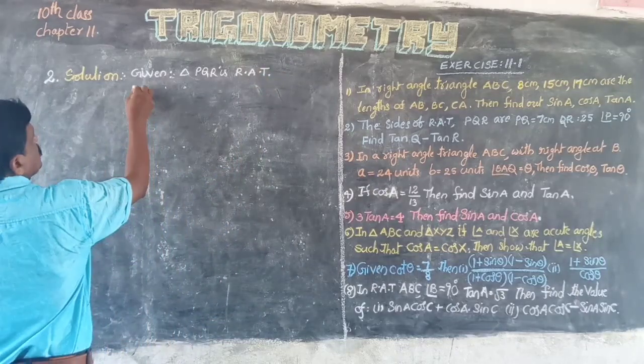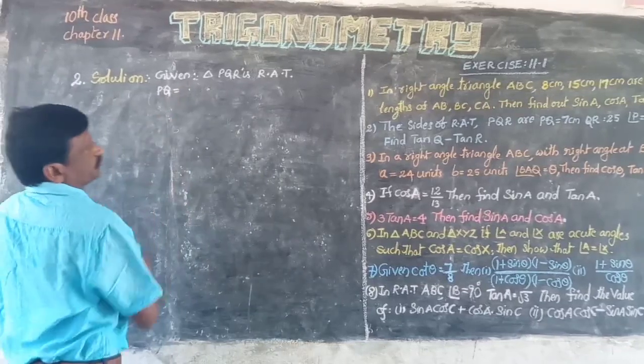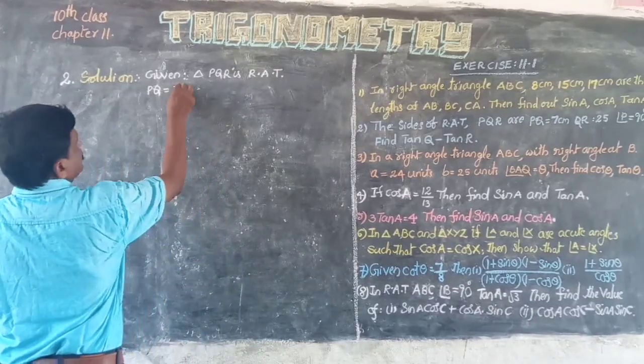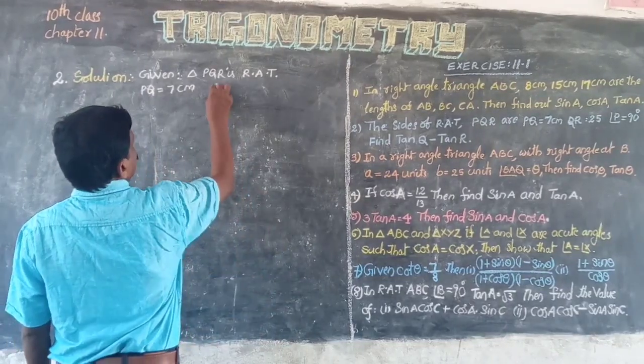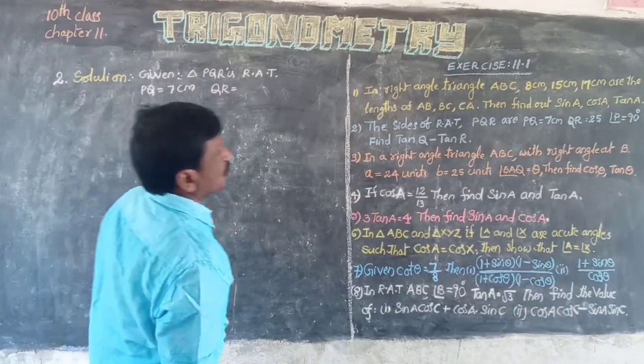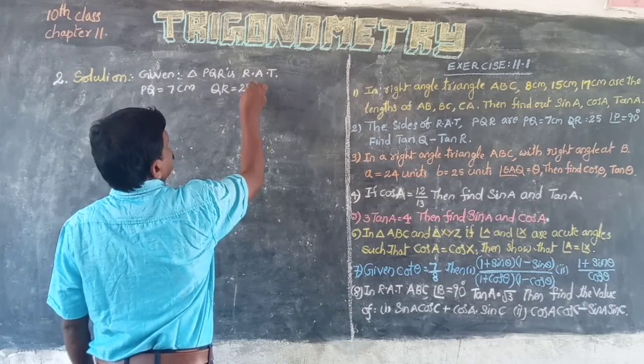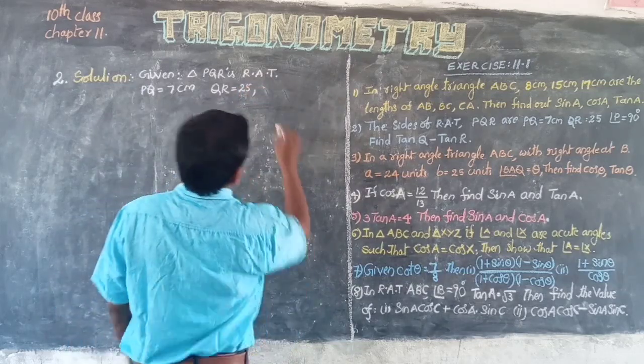PQ is equal to 7 centimeters. QR is equal to 25 centimeters. Angle P is equal to 90 degrees.